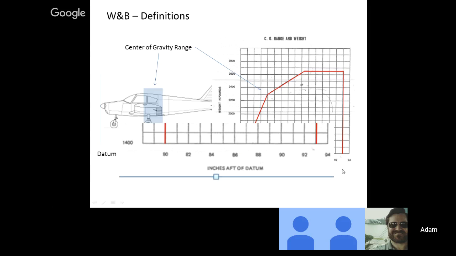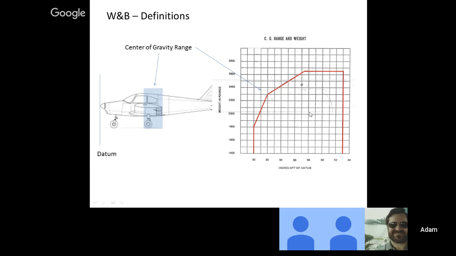Likewise, if we have an aircraft in this particular example that's loaded above 2650, then we're outside of the operating limitations of the aircraft. And this chart here you'll become extremely familiar with. It's the operating envelope for the weight and balance. When you do your calculation, you'll plot the maximum gross weight versus the center of gravity.